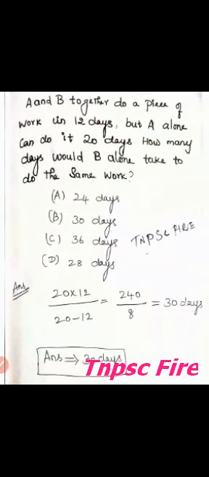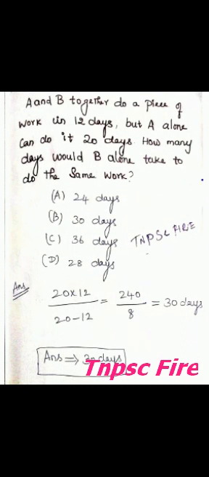Next question. A and B together do a piece of work in 12 days, but A alone can do it in 20 days. How many days would B alone take to do the same work?